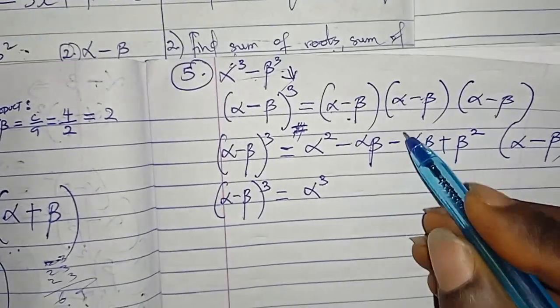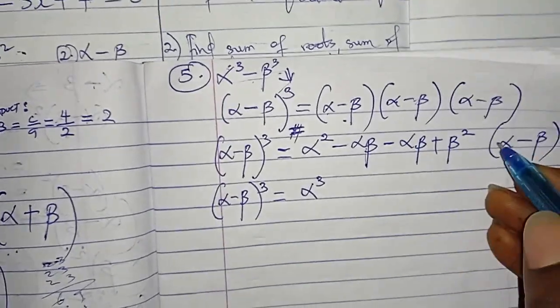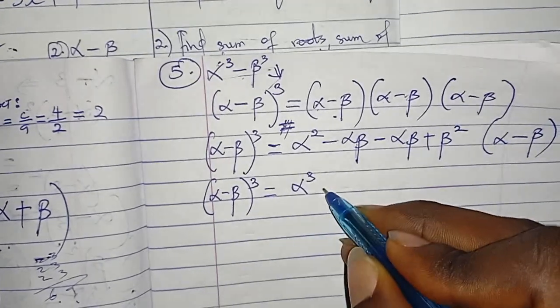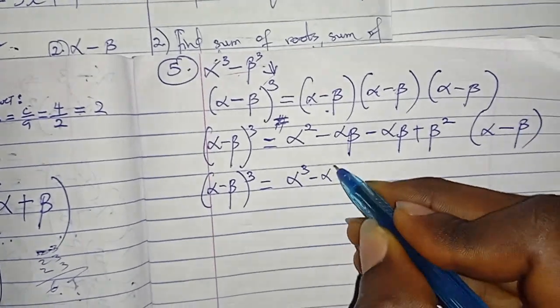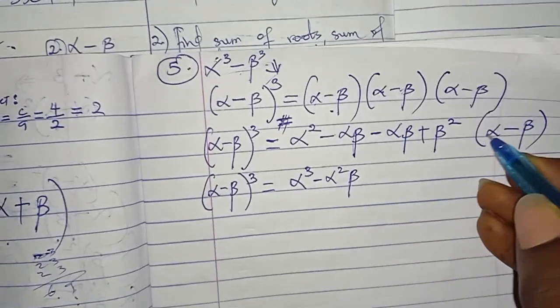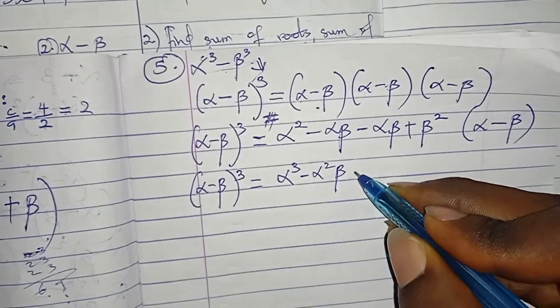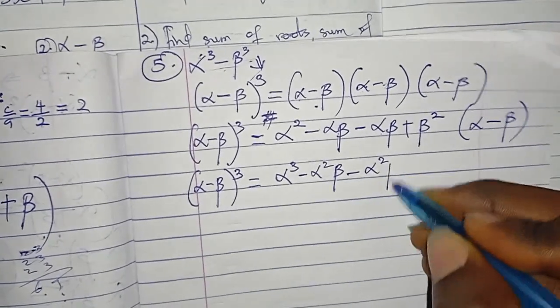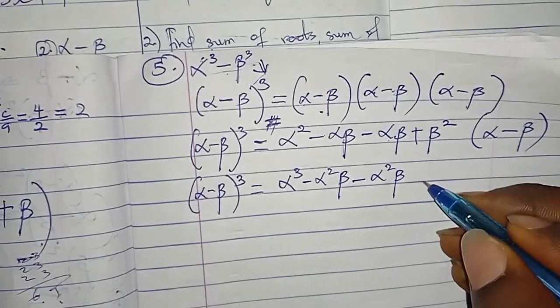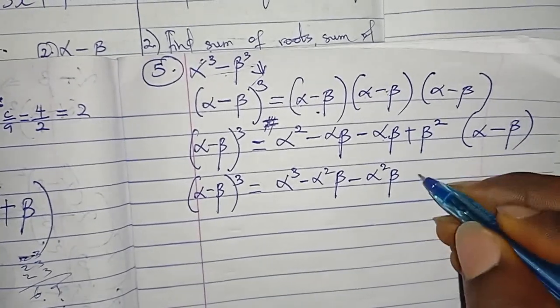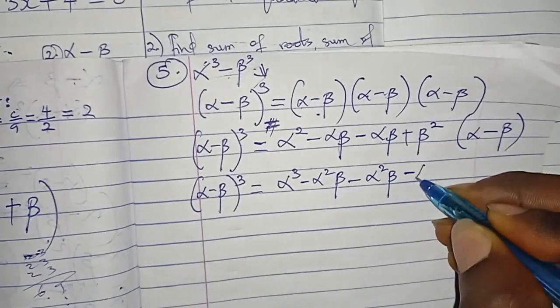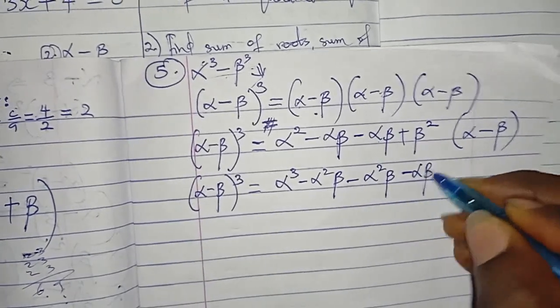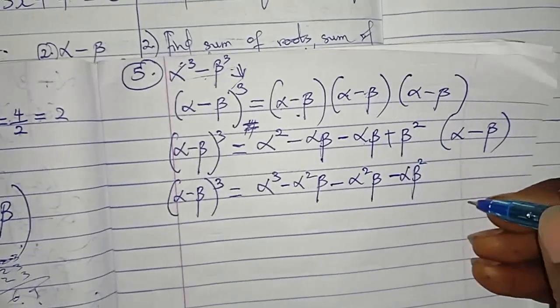So alpha cube, then times this, you have alpha square beta, alpha square beta, alpha beta square.